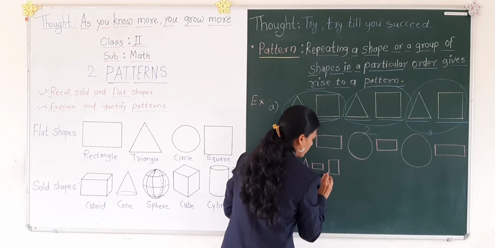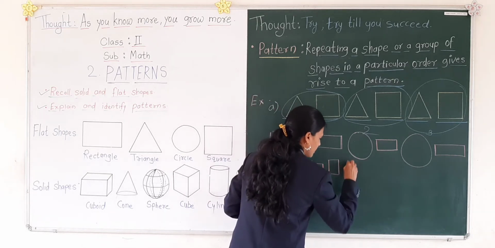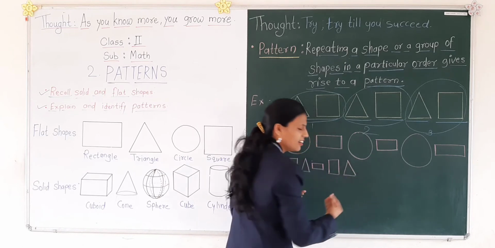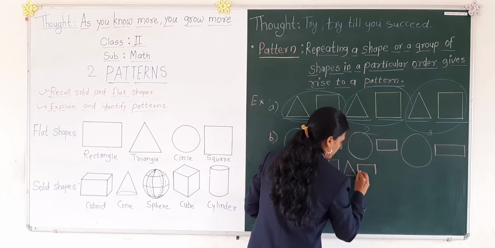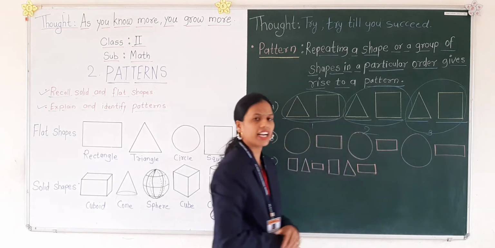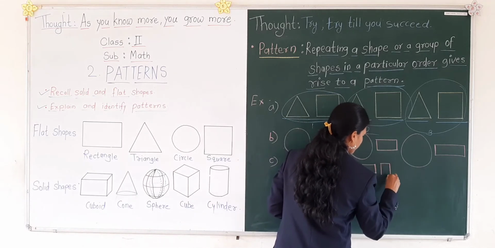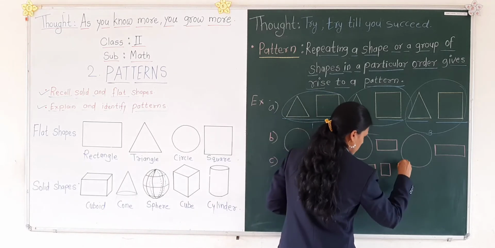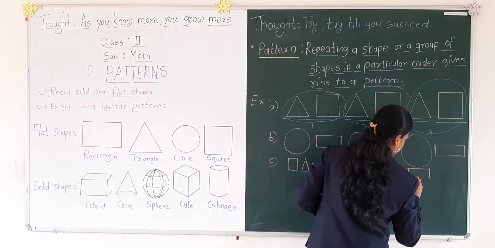The students say with me, what will come next? Square, triangle, after that, very good, rectangle, right? Again, next, very good, square, then triangle, and after that, again, rectangle.